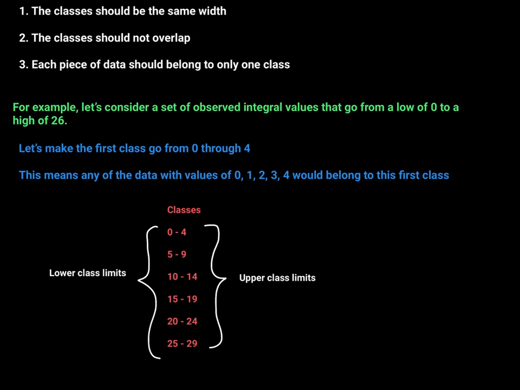In other words, 5 minus 0 is 5. 10 minus 5 is 5. 15 minus 10 is 5. 20 minus 15 is 5. 25 minus 20 is 5, right? So when you subtract the first lower class limit from the second lower class limit, you always get 5. That difference is the same, okay?